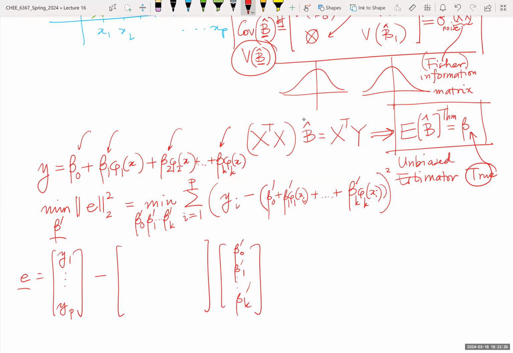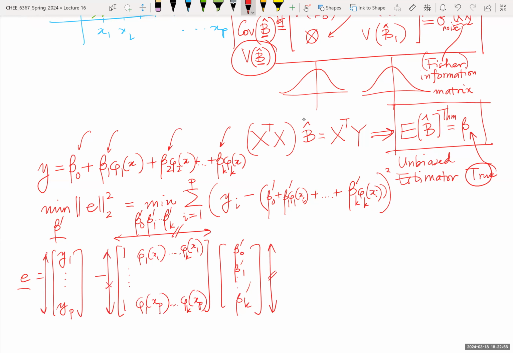And obviously here in the beginning you have 1, phi 1 of x1, all the way through phi k x1, going down to 1, phi 1 xp, all the way to phi k xp. Okay. And this dimension here is equal to this dimension. And that dimension here, of course, must be equal to this dimension here. So typically, this is a tall and thin matrix. These are the parameters that need to be identified.